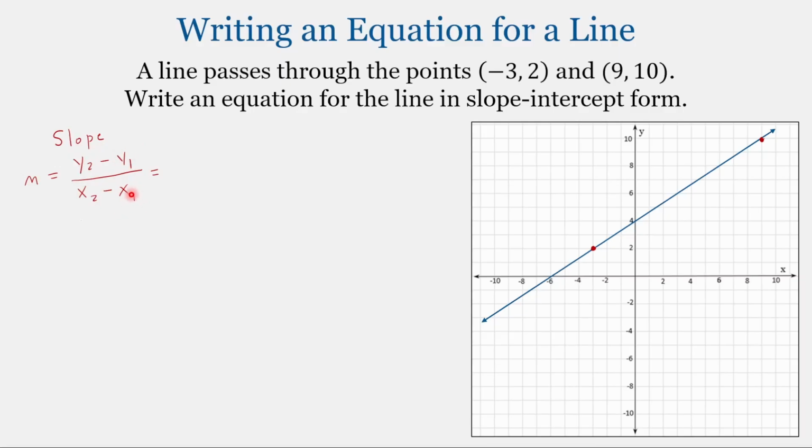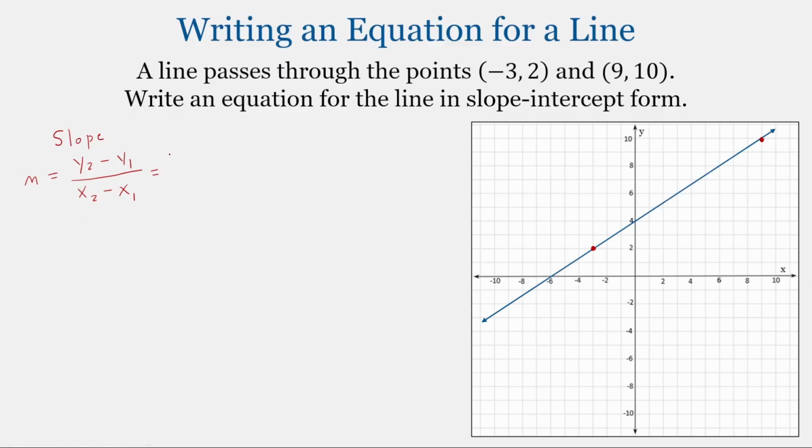What matters is if you say 10 will be y sub 2, its corresponding x coordinate, in this case 9, has to be x sub 2. So your y and x coordinates have to come from the same point.